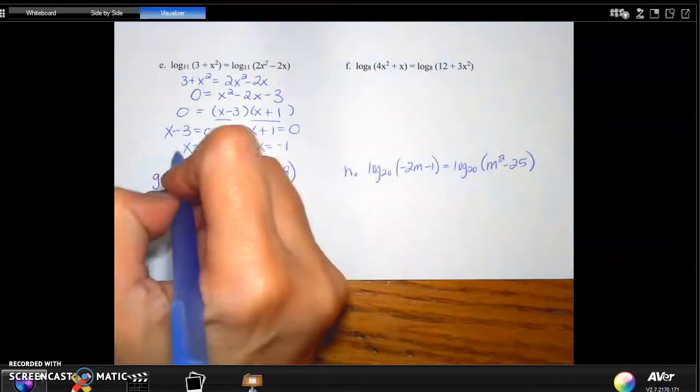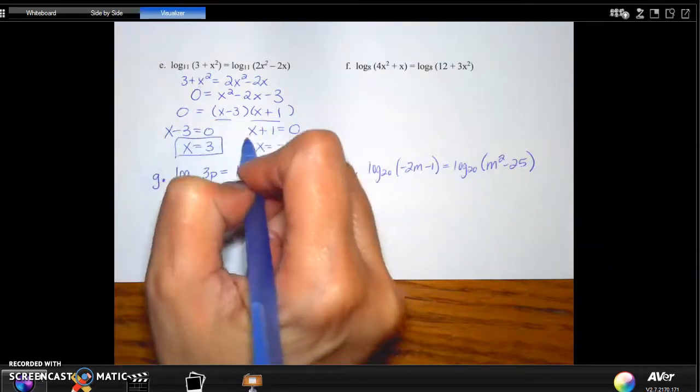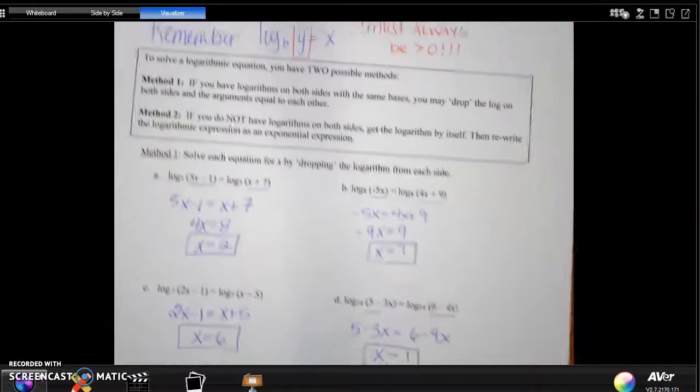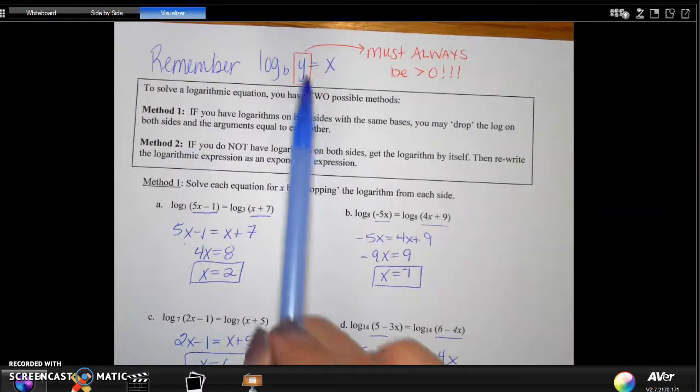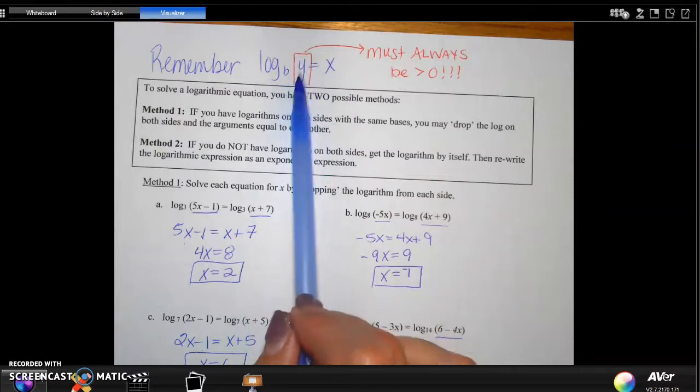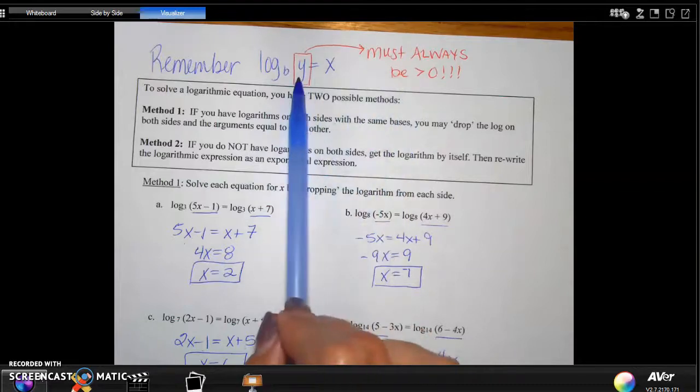So we want to make sure that both of those answers are okay. That's where this piece that I had written up here is a little reminder for you, that you need to make sure that whatever is sitting next to the logarithm, once you put your answer in there, this value must be greater than 0. So whatever you get in here can't be negative, can't be 0.